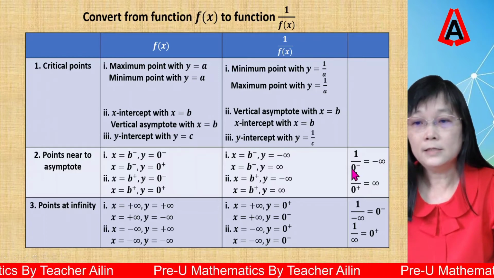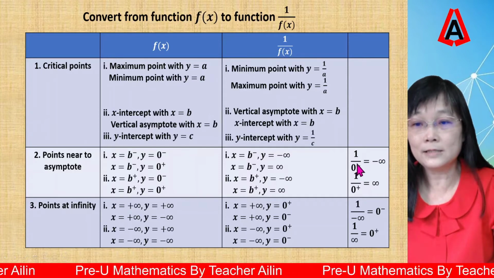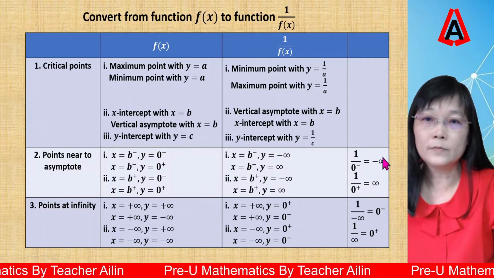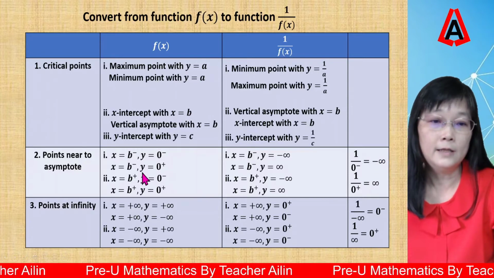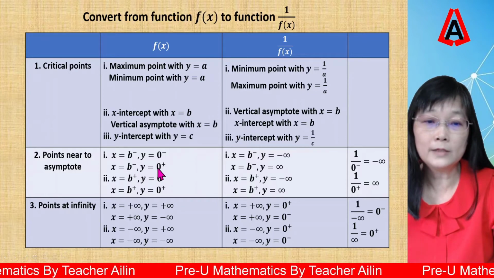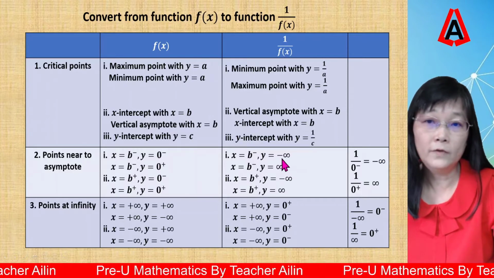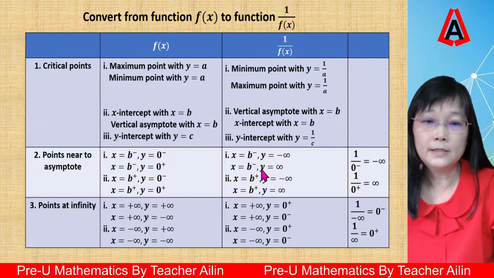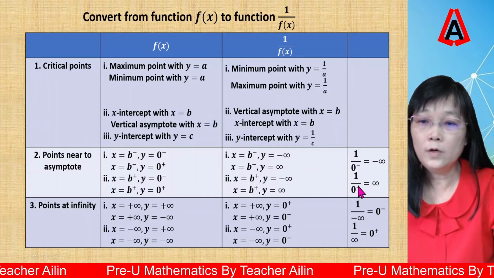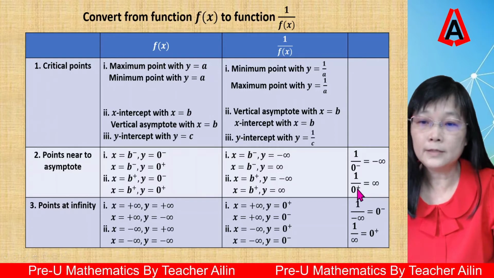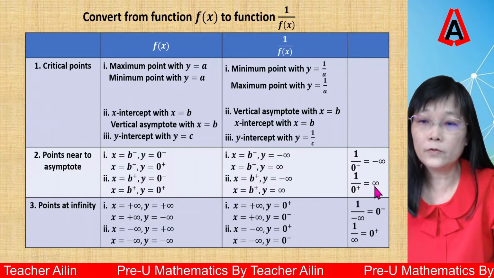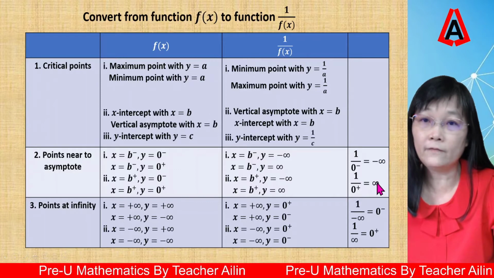And because this small value is negative, the infinity becomes negative infinity. And if y is a very small value but slightly greater than 0, when converted to 1 over f of x, y becomes positive infinity, because 1 over a very small positive number gives a very big positive number.